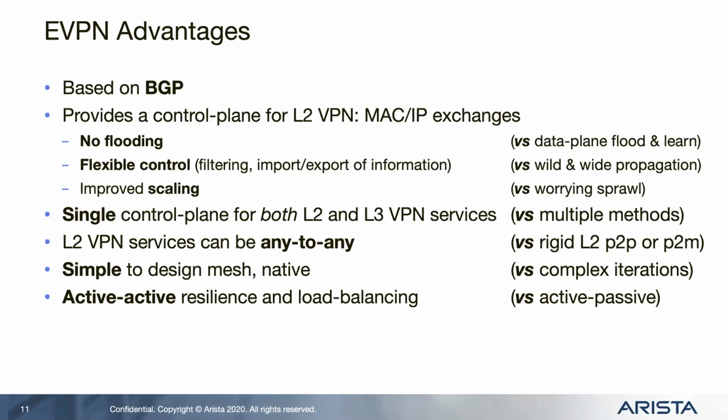You can have any to any. So you've got a single design for your point-to-point or point-to-multipoint, as opposed to having a requirement for multiple layer 2 solutions. And finally, EVPN provides active-active layer 2 multipathing, as opposed to the traditional technologies using only active-passive.